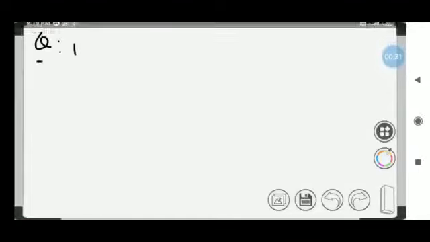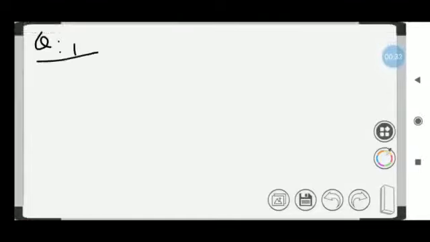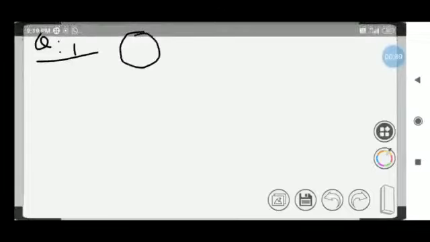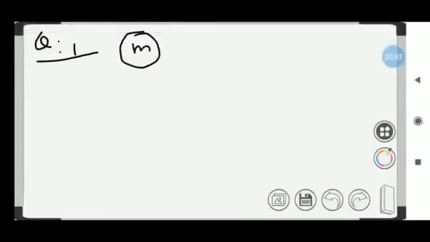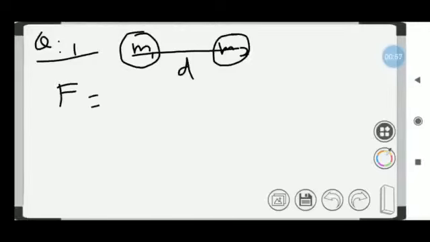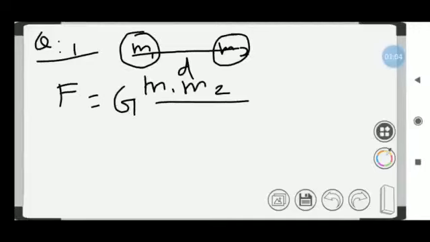First, you know the force of gravitation, that means the universal law of gravitation. What is the formula? If I consider the masses m1 and m2, and the distance here as d, then the force of gravitation is F equal to G m1 m2 divided by d square.